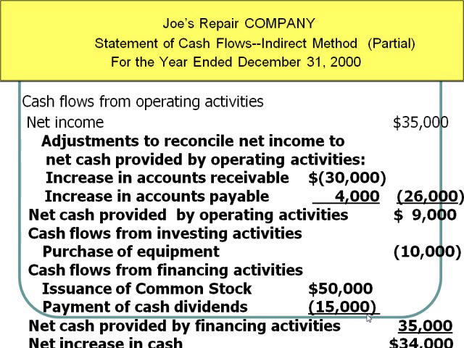Here's a final check on the cash flow report. And this is kind of a cool thing. At the very beginning of this problem, you calculated the net change in cash. Well, the net cash provided by operations, the net cash provided or used for investing, and the net cash provided or used by financing, 9,000, negative 10,000, positive 35,000, has to add up to 34,000.